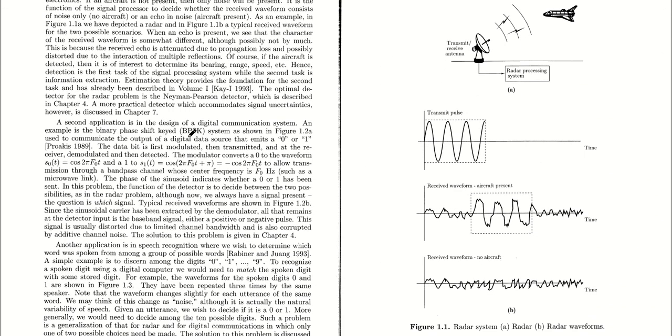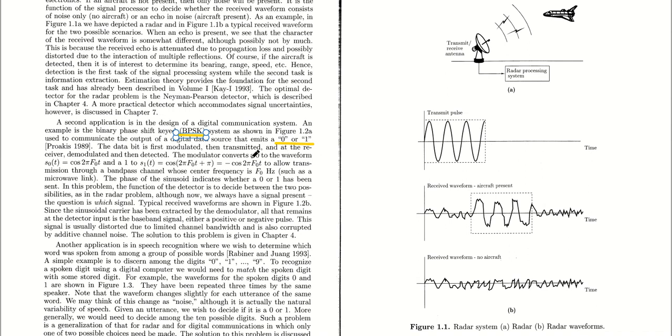So in the PSK example that we have talked about, the transmitted signal is either a 0 or 1, and the receiver is trying to detect: is the transmitter transmitting a 0, or is it transmitting a 1?